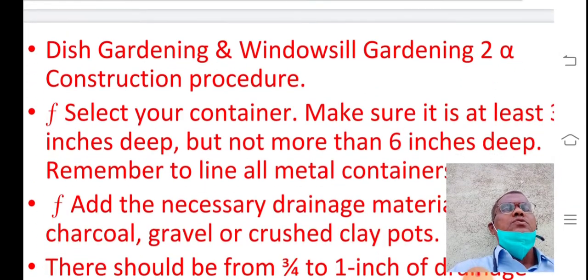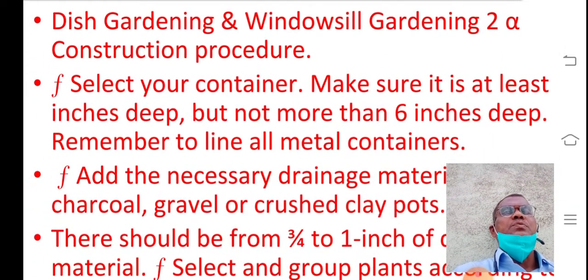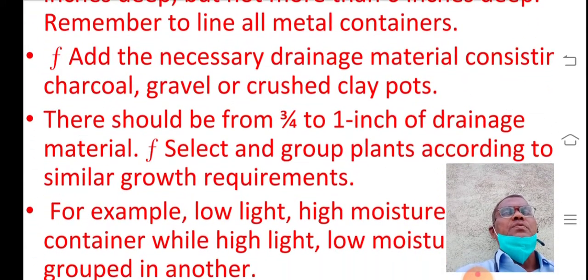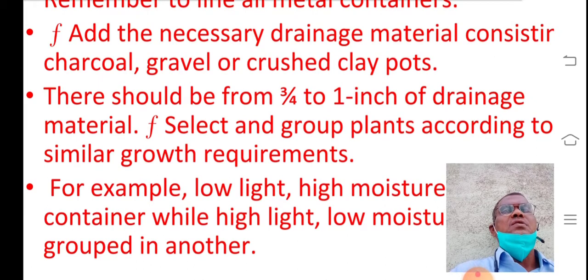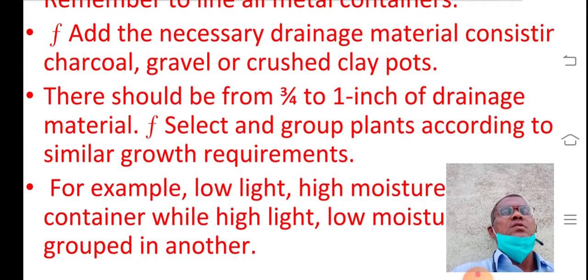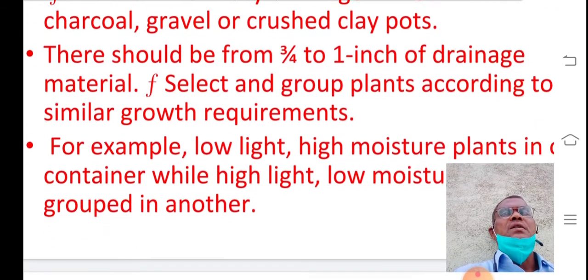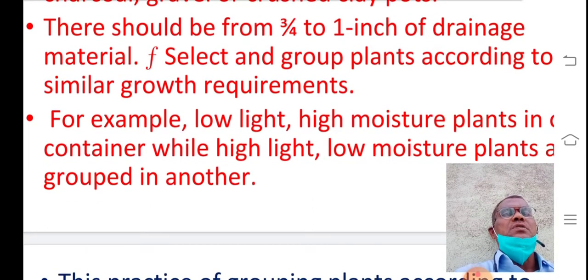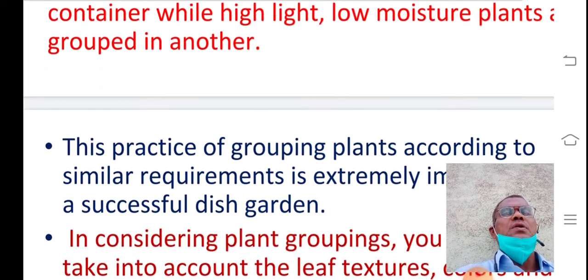Secondly, we may use different places for developing, such as window sills. Then for proper drainage we can use gravel, charcoal, or crushed clay particles. About three-quarters of the pot should be filled with proper soil.